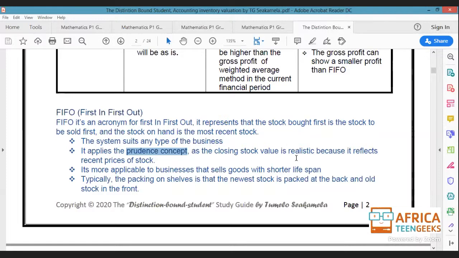As the closing stock value is realistic because it reflects the recent price of stock, it is more applicable to businesses that sell goods with a shorter lifespan. That's what I said to you guys earlier on.